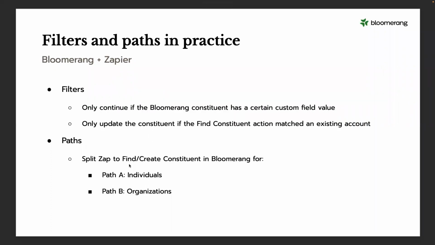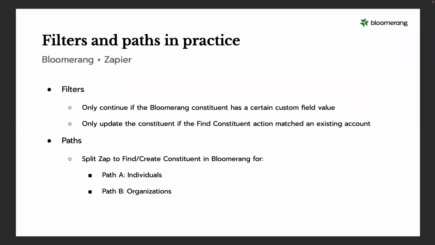Now, in practice, filters are most commonly used in Bloomerang automations to only continue if you're using a Bloomerang trigger, to only continue if the constituent has a certain custom field value, or potentially to only update a constituent if the find or create constituent action matched to an existing constituent.